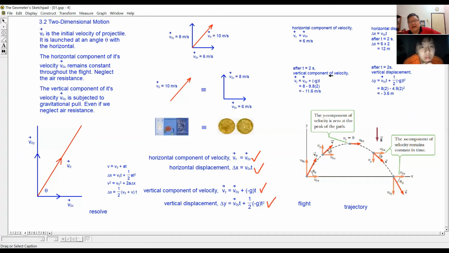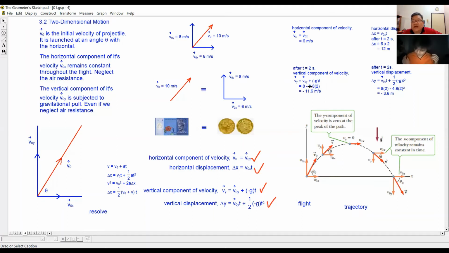So we calculate the slowing down by using this equation: V equals V naught minus GT. I substitute the initial vertical component with 8 meter per second.